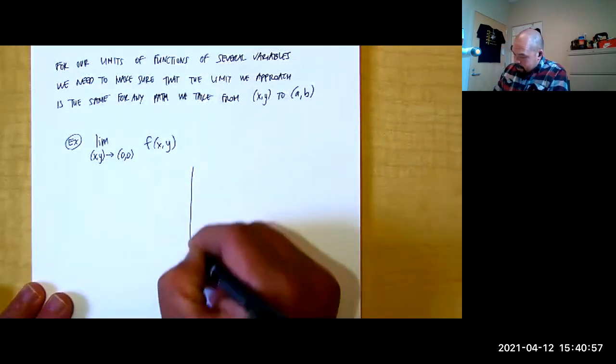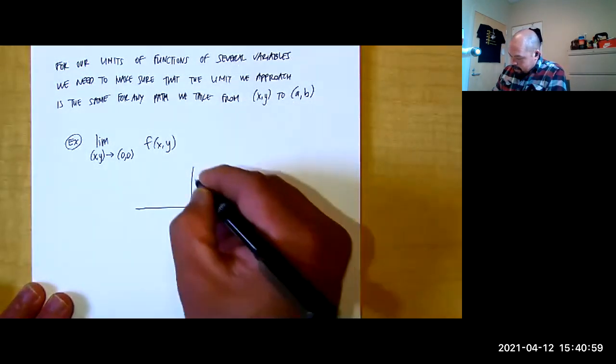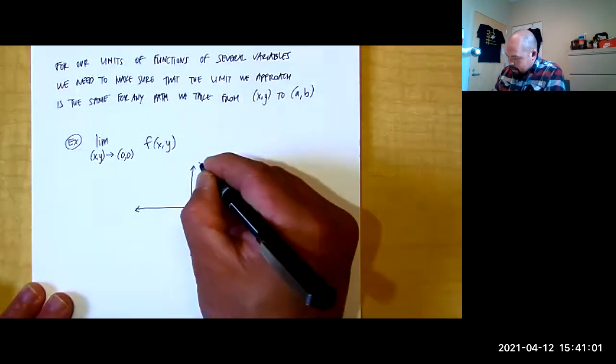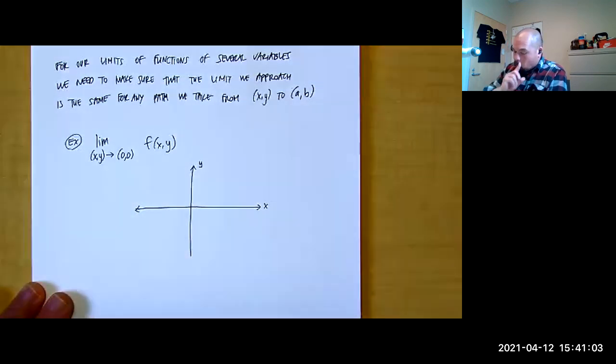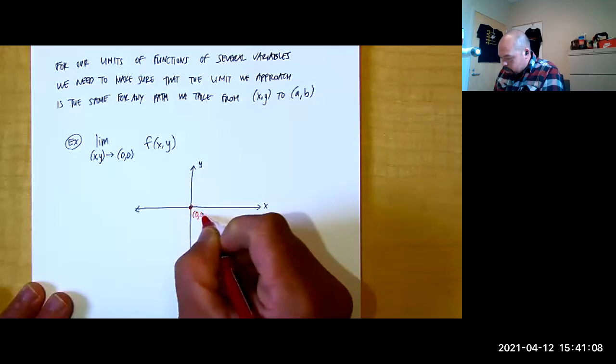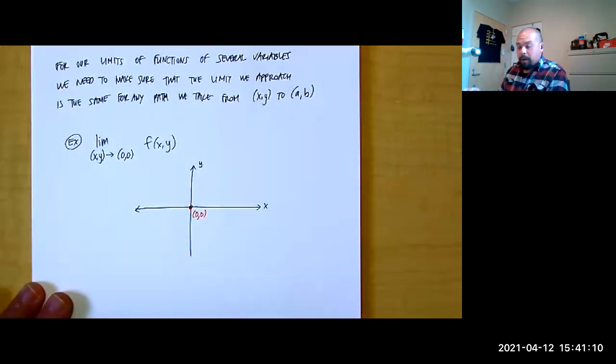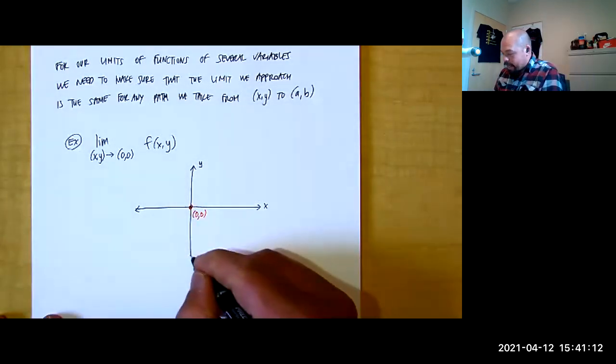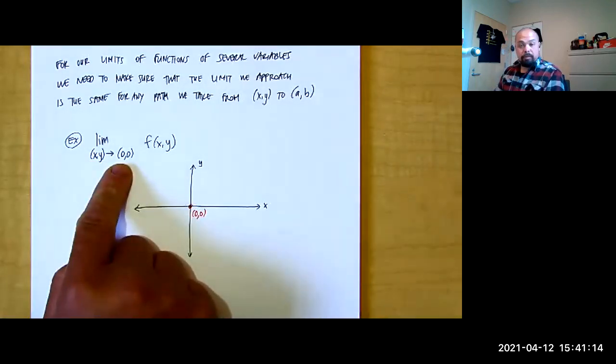So what this idea is, in the xy plane, I'm trying to think about, okay, as I approach that origin 0, 0, what are different ways that my point x, y can approach, right?